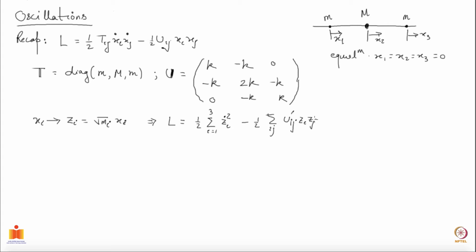Okay, and u prime will still be a symmetric matrix. And then we had found the eigenvalues of u prime. That's what we did last time.